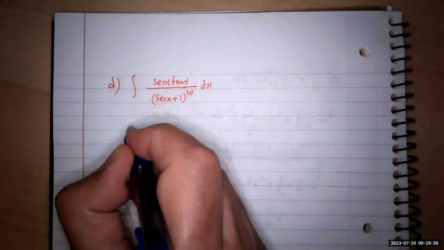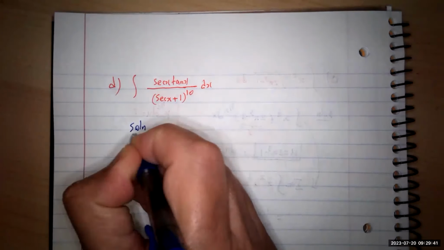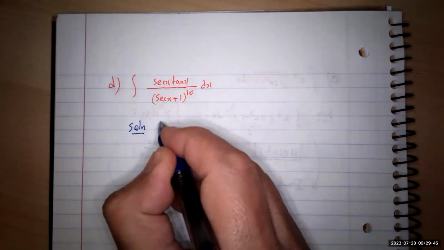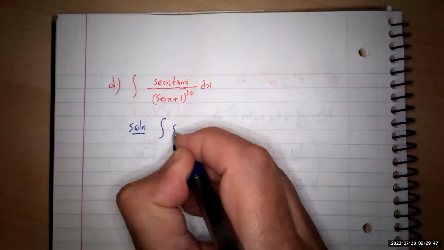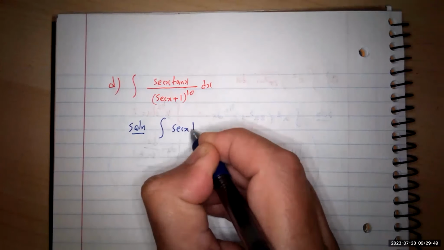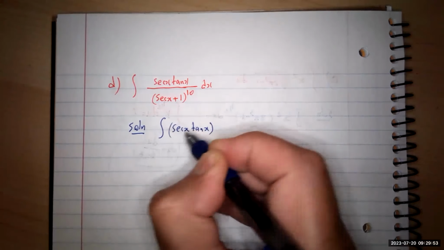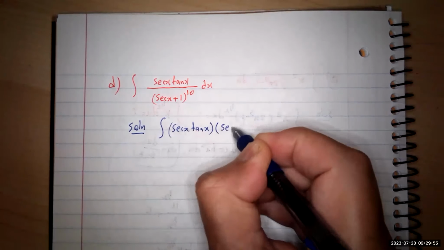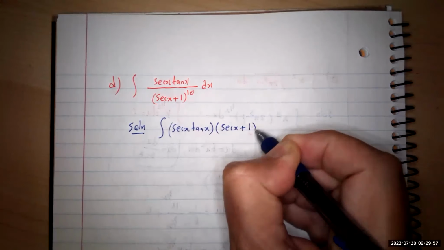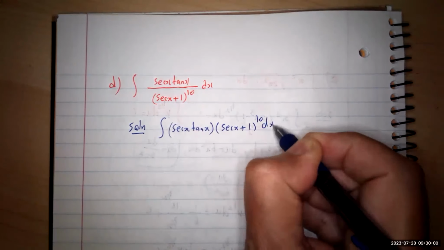So you have to rewrite it. The solution is going to be the integral of secant of x tangent of x, and you move this one up as well, so that gives you secant of x plus 1 to the negative 10 dx.